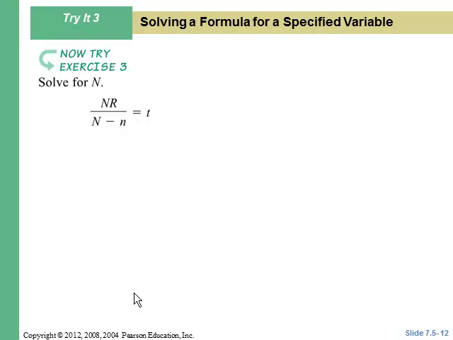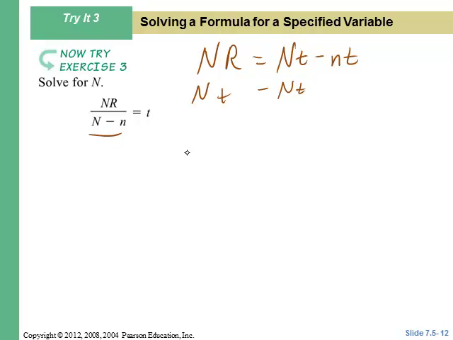Next one. Get the N all alone. Let's multiply both sides by T. I'm sorry, N minus R. So we get NR equals NT minus nT. We want the capital N's all alone, so we're going to subtract NT from each side.